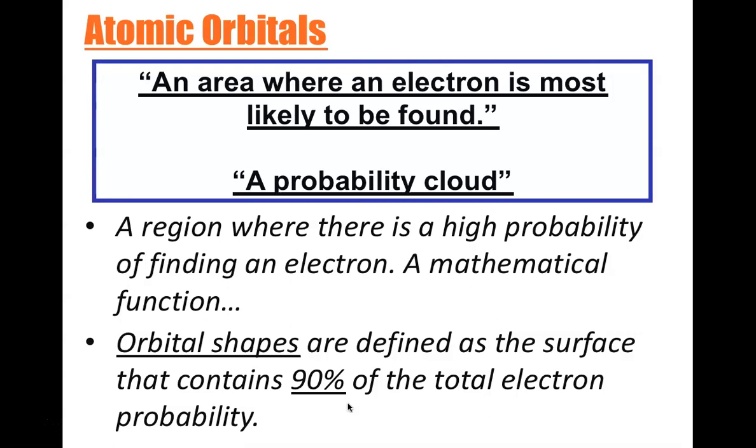So there's still 10% out there where electrons can exist at any given moment. But for the most part, they're going to hang out in these certain shapes that we're going to get into. Any questions so far?